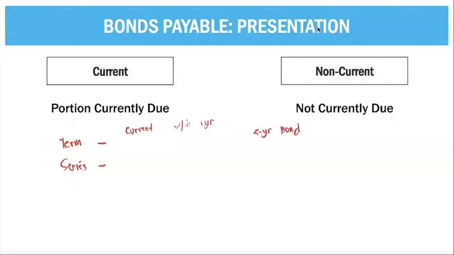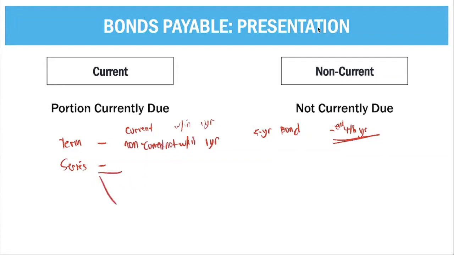It will only become current at the end of the fourth year. So again, a term bond will only become current within 1 year. It is non-current if it is not within 1 year.